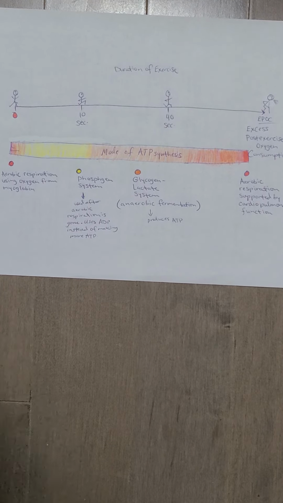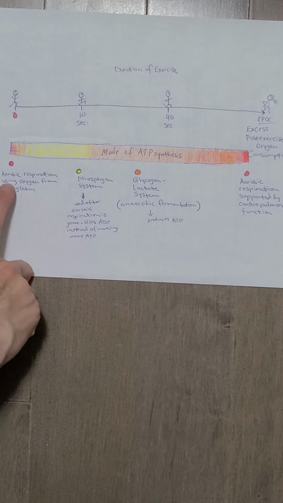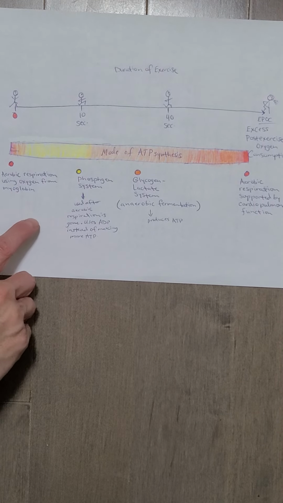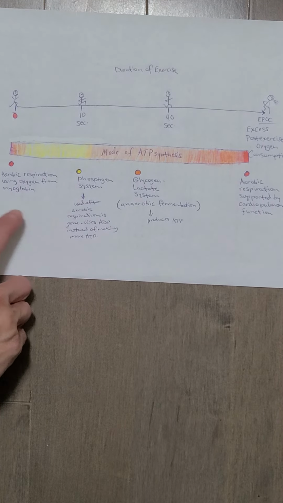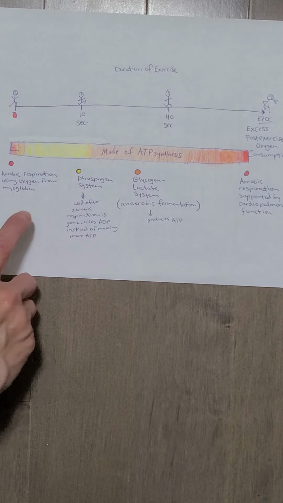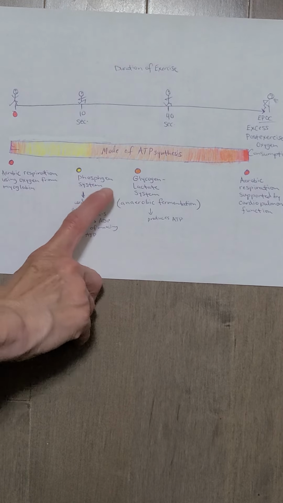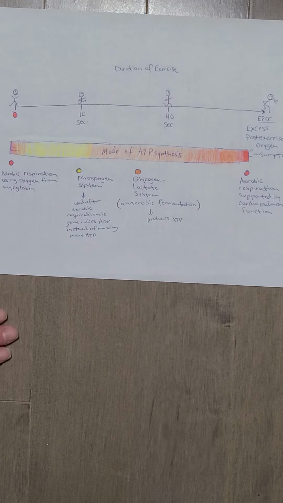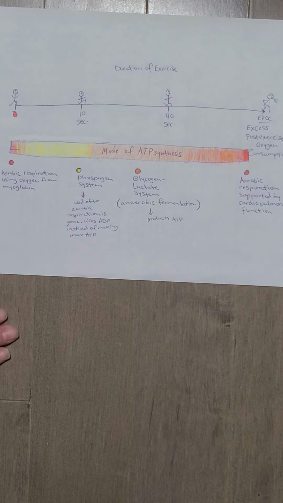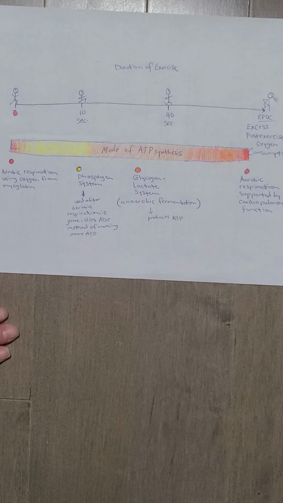You have here the aerobic respiration using oxygen from myoglobin, and then you have the phosphagen system, and remember it's used after the aerobic respiration is gone. It uses ADP instead of making more ATP.